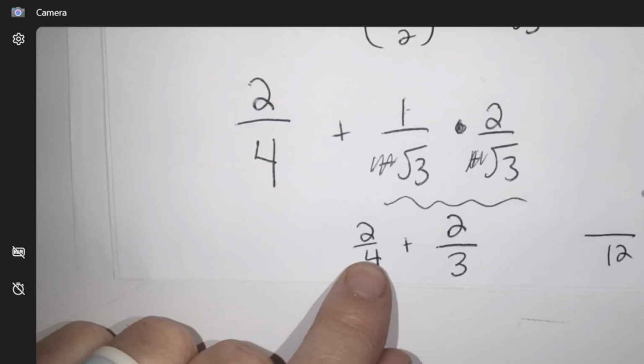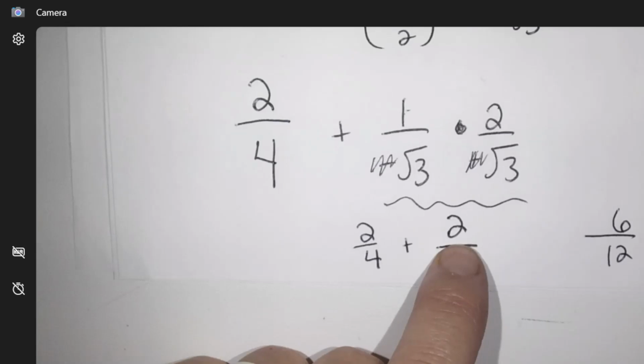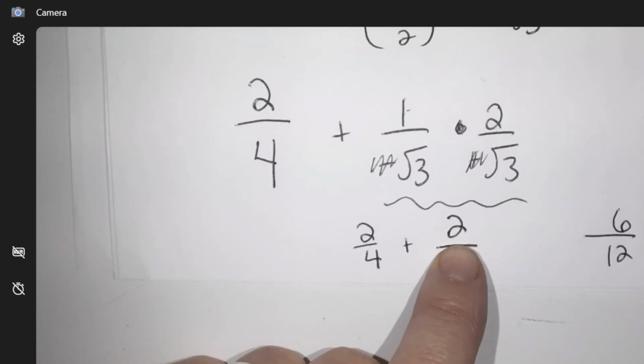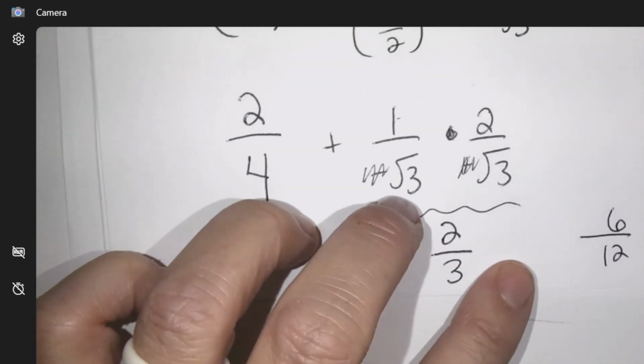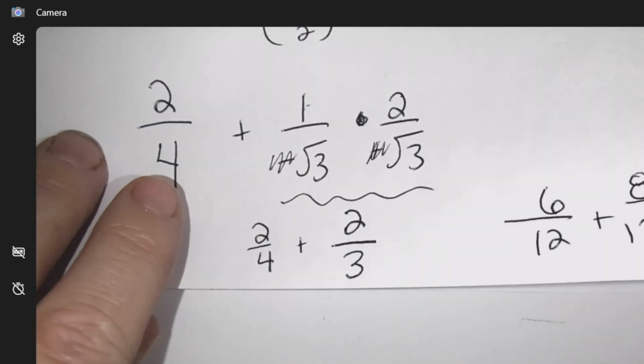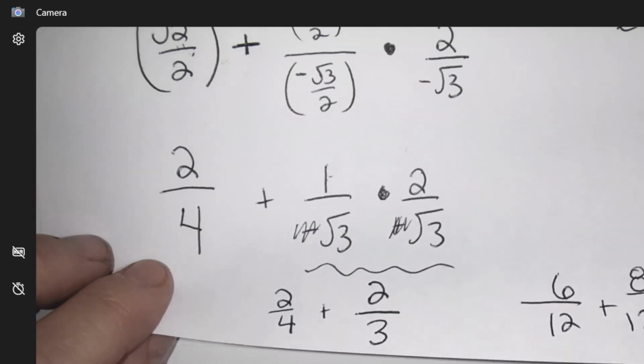So times by 3 is 6. Times by 4 is 8. Okay, so again, really focus in on positives, negatives, and focus in on fractions. I need common denominators adding, but not multiplying.